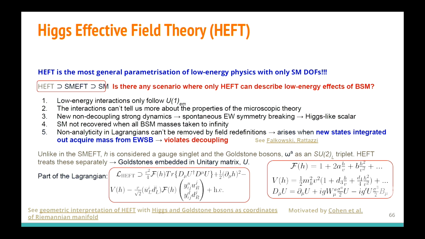And the partial Lagrangian of the HEFT can be written down in this part. So we have the Higgs interaction, the Higgs kinetic term. We have this FH, which is described as 1 plus 2a h by v plus b h squared by v squared and so on, times trace of d mu U dagger d mu U, and then we have the potential of the Higgs, which is defined here.